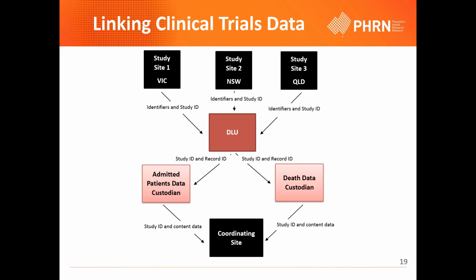Okay, great. Thank you for that. Dana has also asked if there's any information about the ease or simplicity of accessing certain data sets over others. Oh, well, the general rule of thumb is if a data set is routinely linked by a data linkage unit, it will be much easier to access than something that has never been linked before or is rarely linked. So things like admitted patients, births, deaths, emergency department, and cancer registries are all linked by all jurisdictions in the country and routinely linked frequently.